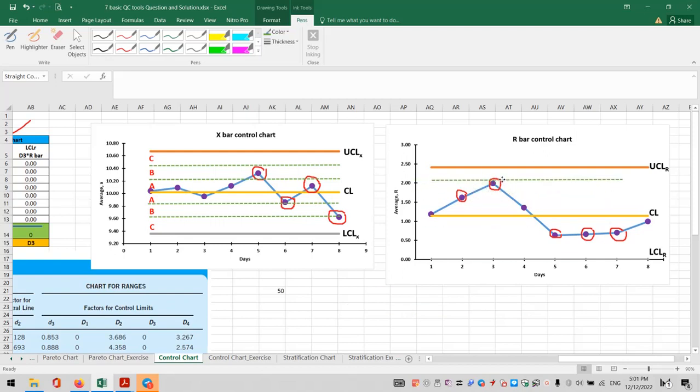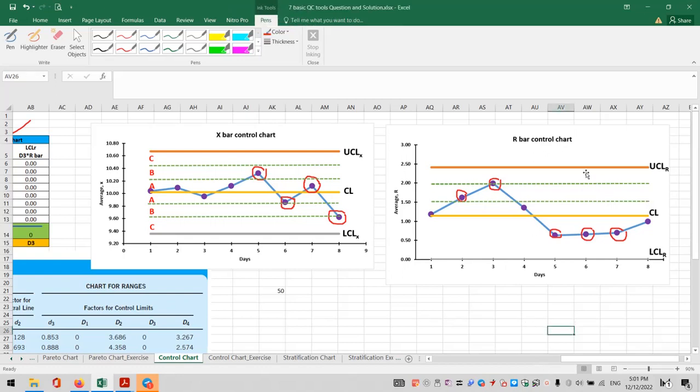Tengok yang ni. Yang ni pun sama. Kalau yang ni pun kita bahagi 3 juga kan. 1, 2, 3. So kita tengok.